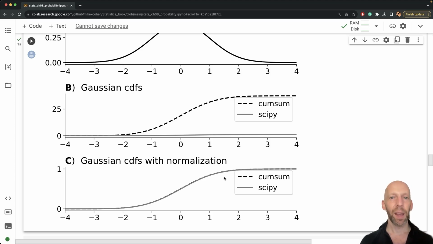Okay, so the question is, why do we not need to normalize the output of the CDF function? And the answer has to do with how PDFs and CDFs are calculated. So to estimate a true probability density function, we need to have a range. It is not possible to define a probability density at one exact numerical value, like the value 1. It just doesn't exist. That's just not the way integrals work.